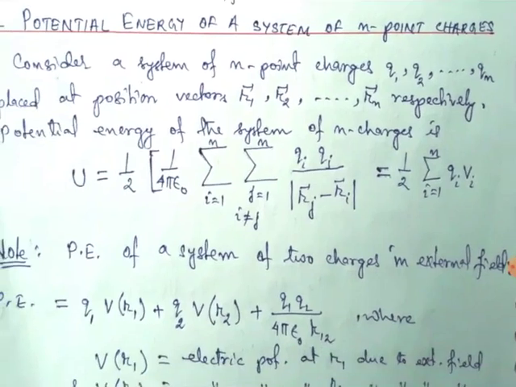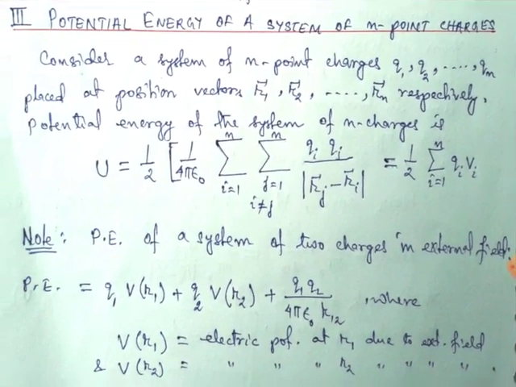Now what is this actually? Let's see. This is the formula; you can write only this much, but what is this? Forgetting about qj, this portion is the electric potential at their locations.